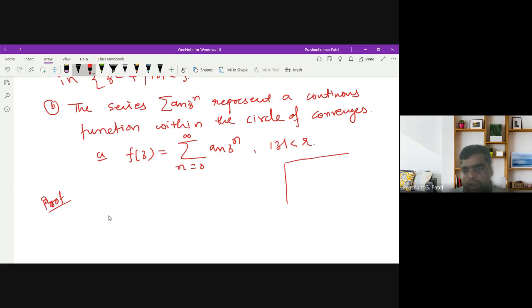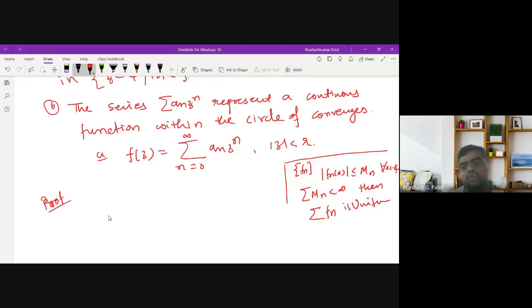Let us recall that if you have a sequence of functions which is pointwise convergent, and if mod f_n(x) is less than or equal to M_n for all x belonging to R or C, and if the series M_n is convergent, then the series f_n is uniformly convergent.